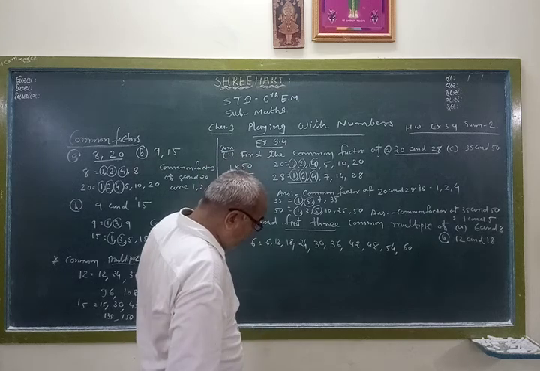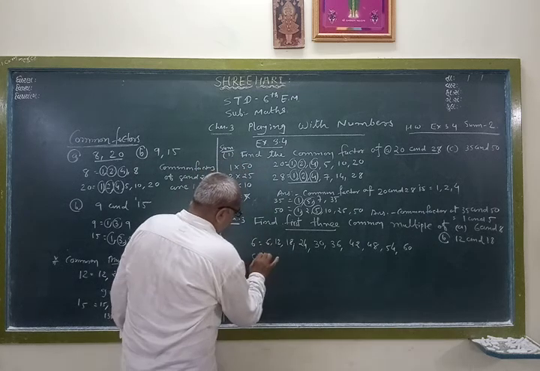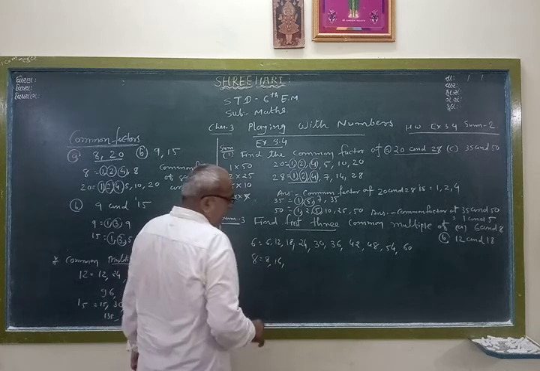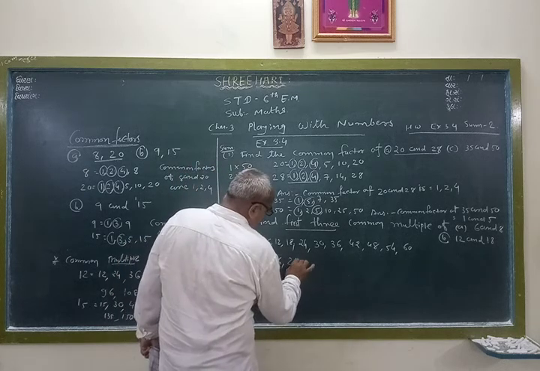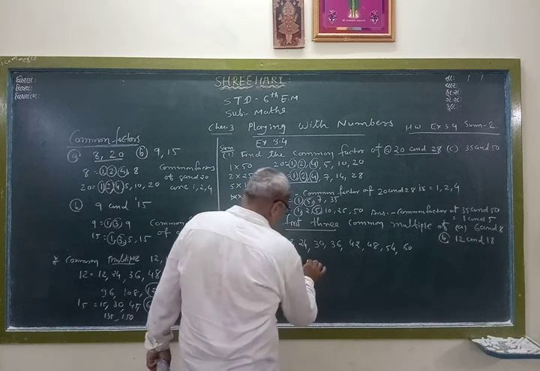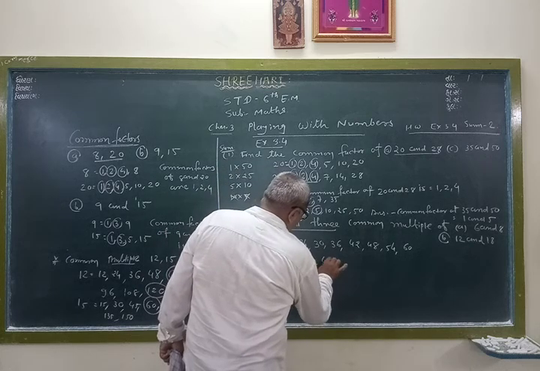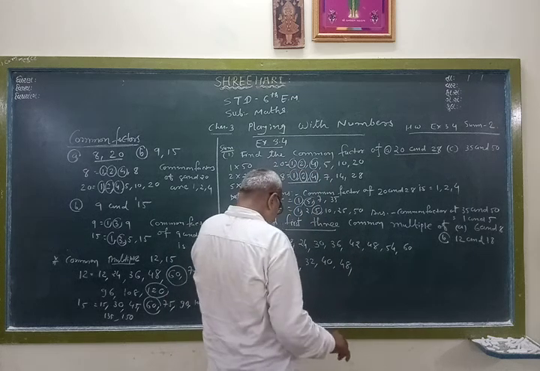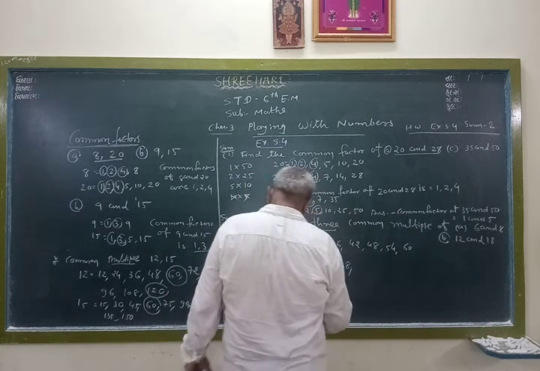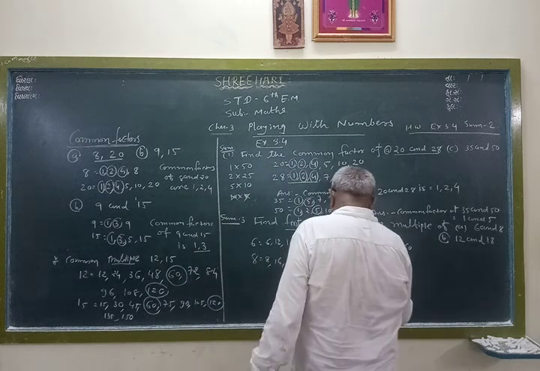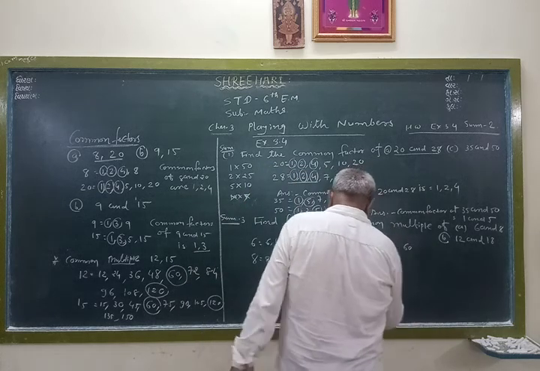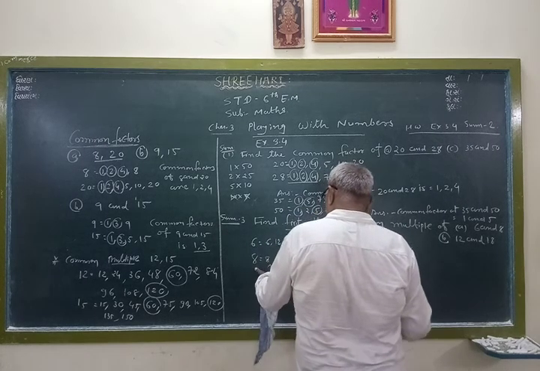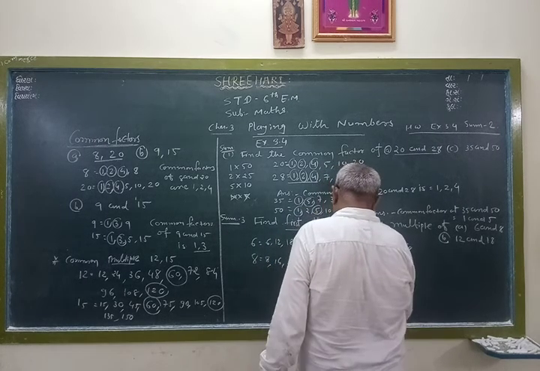Now 8. 8 1s are 8, 8 2s are 16, 24, 32, 40, 48, then 56.